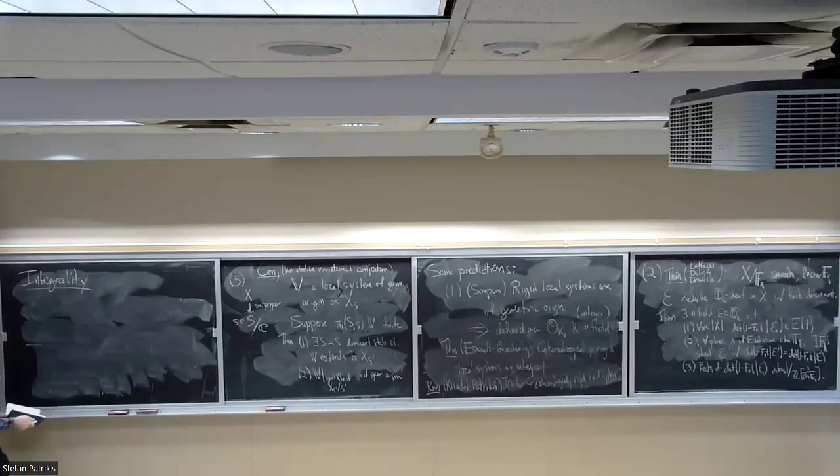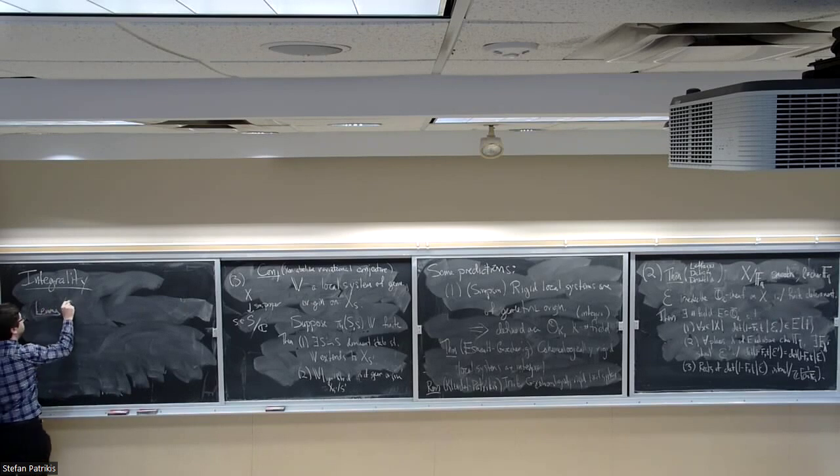Let me first prove a lemma, which, if you haven't seen this kind of thing, is going to look like we're almost all of the way there. It's due to Simpson.